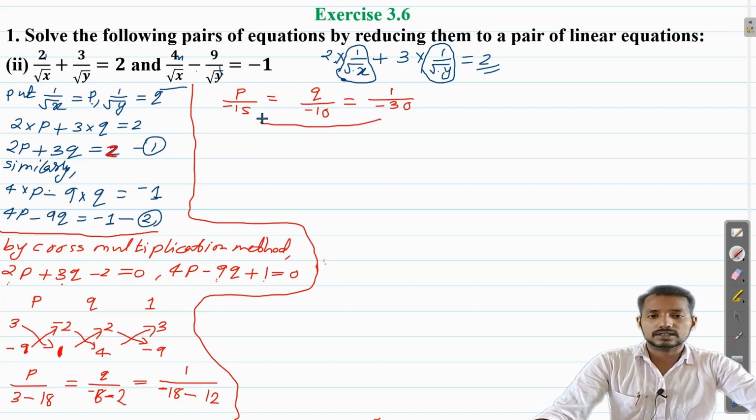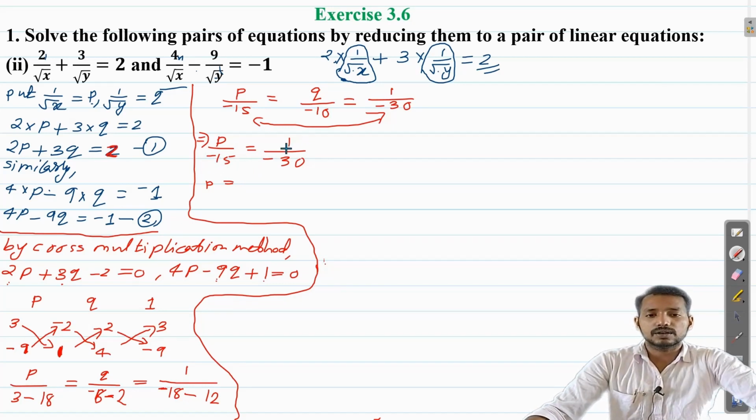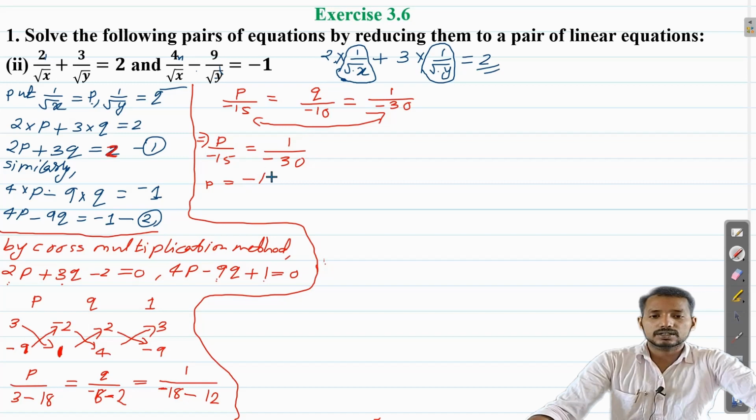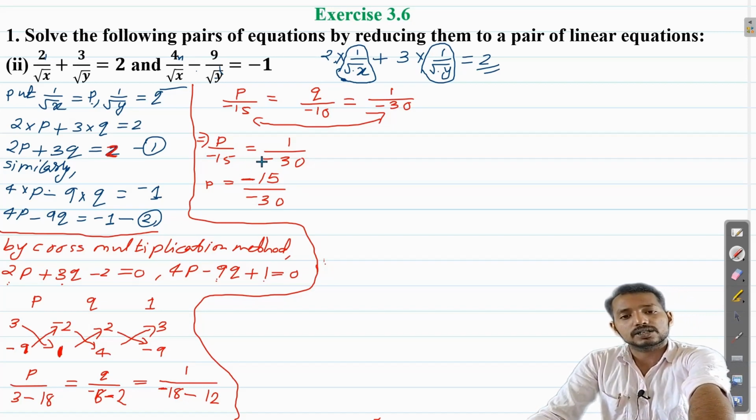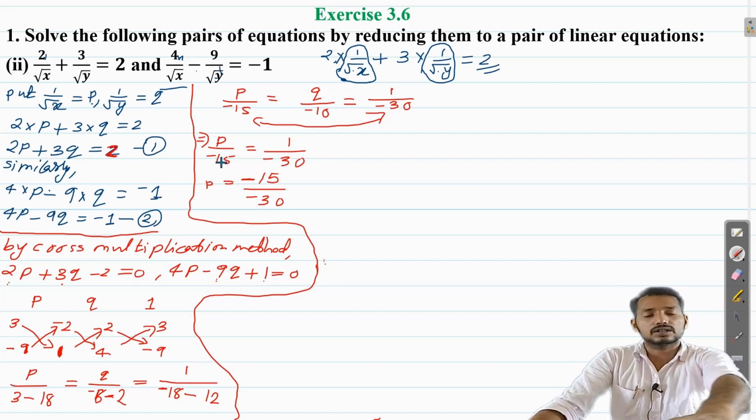Comparing the first and last terms, P divided by minus 15 is equal to 1 divided by minus 30. Now solving for P, minus 15 taken to the right side will be divided by minus 15, it will become the numerator. Okay, minus 15 divided by minus 30. Never change the sign. We are not taking addition to subtraction, we are taking division to multiplication.